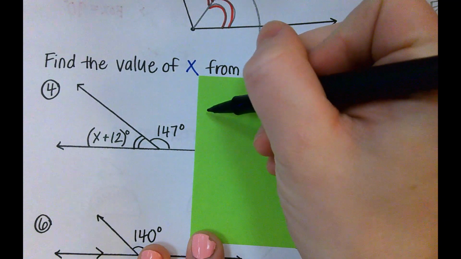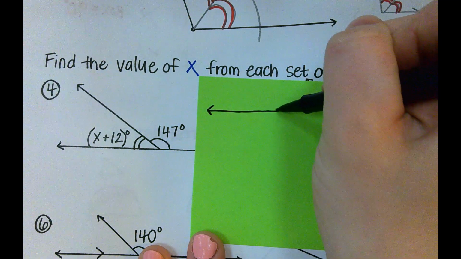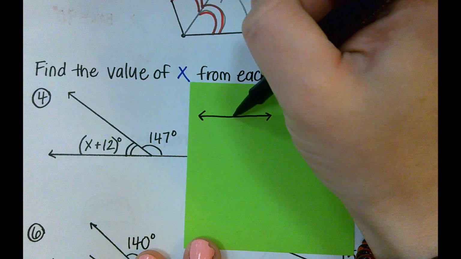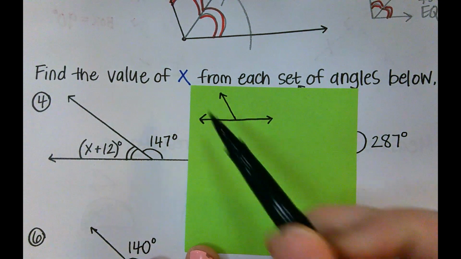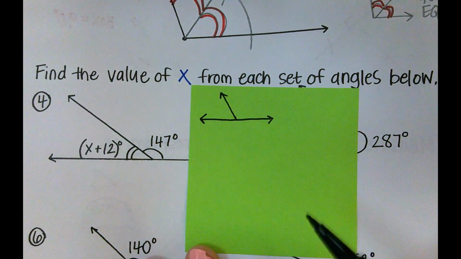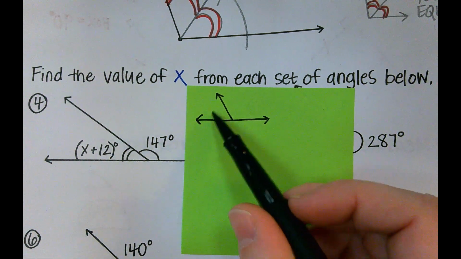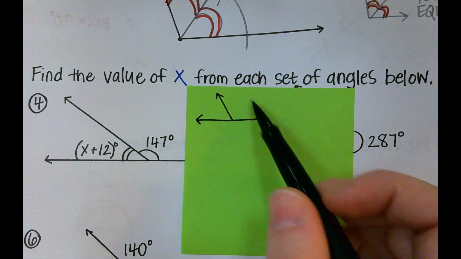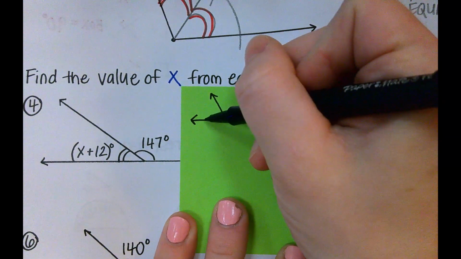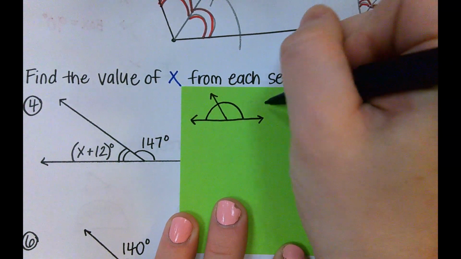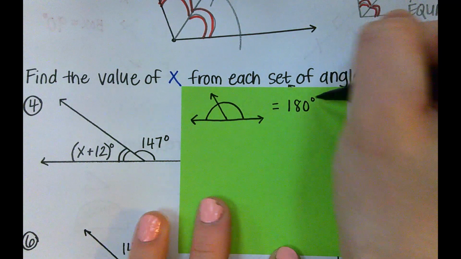The first thing I'm going to do is draw a straight line and stick an angle so that I've got 2 angles on a straight line. What would these 2 angles add up to? 180. So it might be a good idea to make a note that these equal 180 degrees.